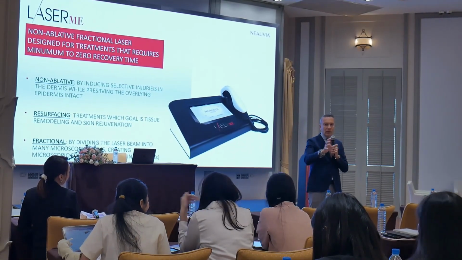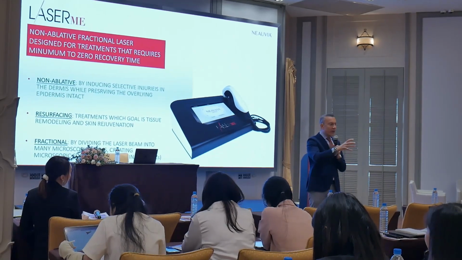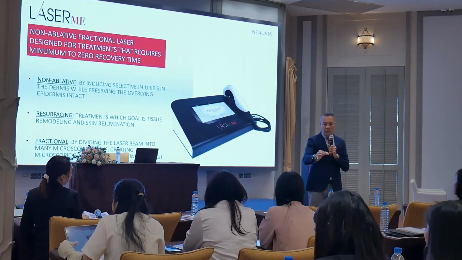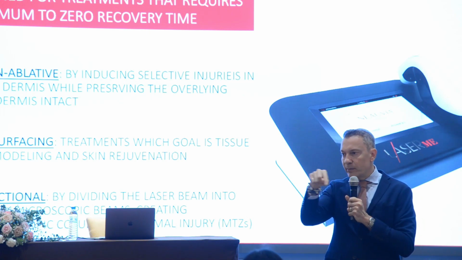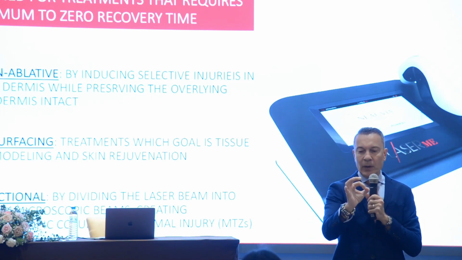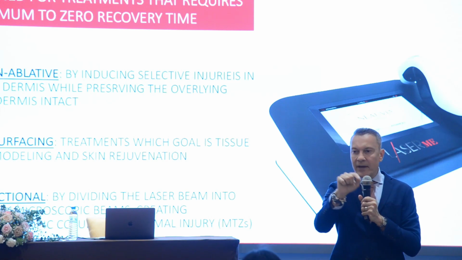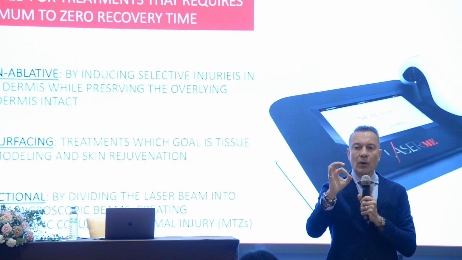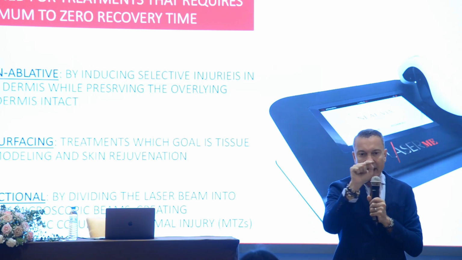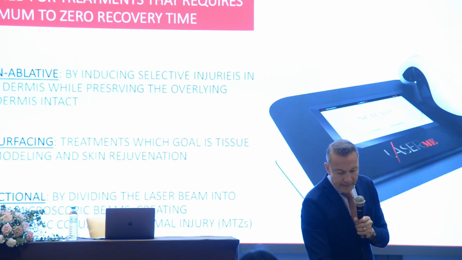Fractional, as I told you before, lasers can be emitted with the full beam or with a fractionated beam. So we have a spot, and in this spot we have microcolumns. So it's not fully emitted, but we have some microcolumns.